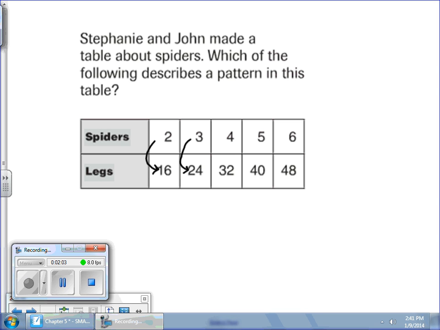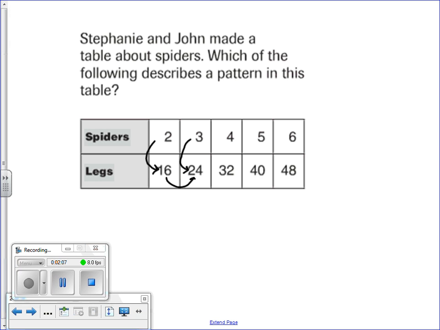Sometimes these kinds of tables ask us to look from here to here, and here to here, and here to here. Depending on the choices that you're given, there are 2 ways to answer this. So give me one way, Isabella. What's one possible pattern for this table?